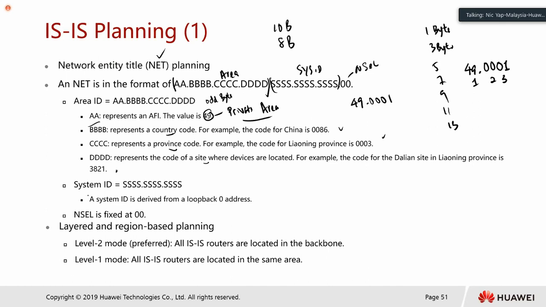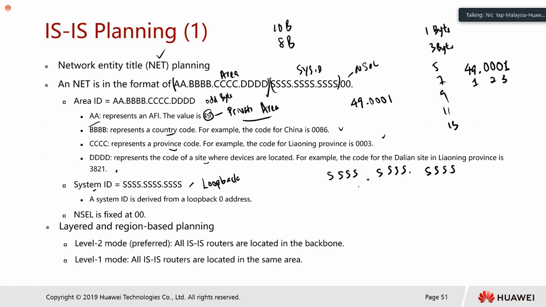And the next one is the system ID. The system ID can just be defined from your loopback. Let me show you how this can be converted back into the system ID.